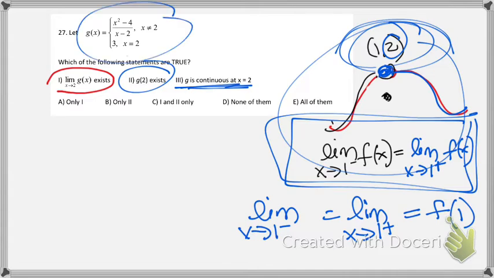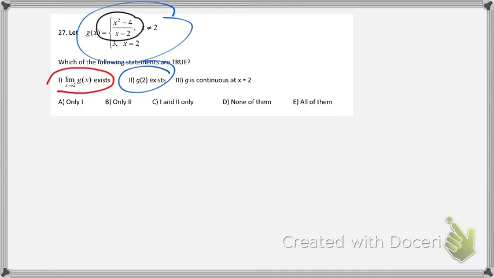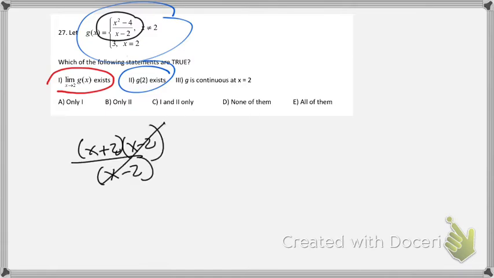So what is happening in this problem? Taking the top piece, if we factor that, it's x plus 2, x minus 2 over x minus 2. Since the x minus 2's cancel, hopefully you remember that that means there's a hole when x is 2.